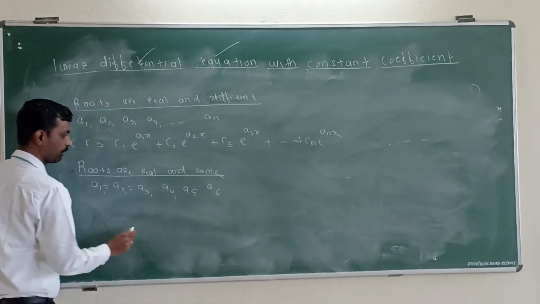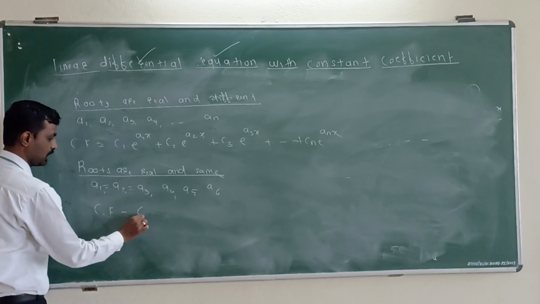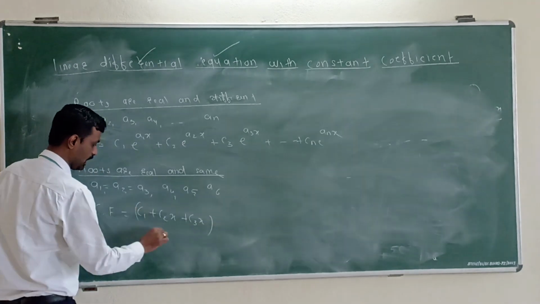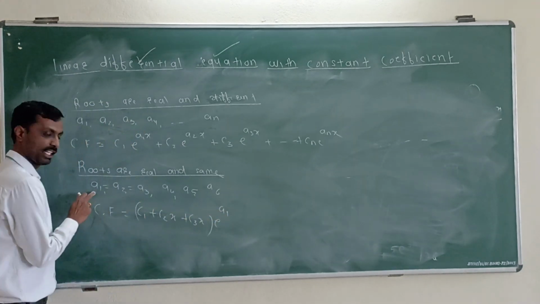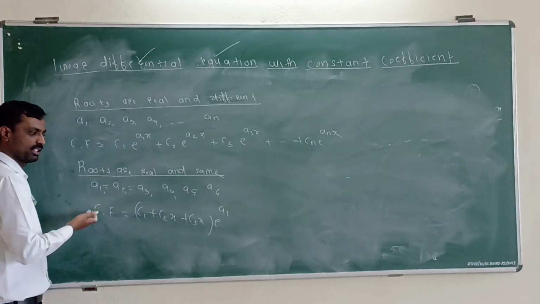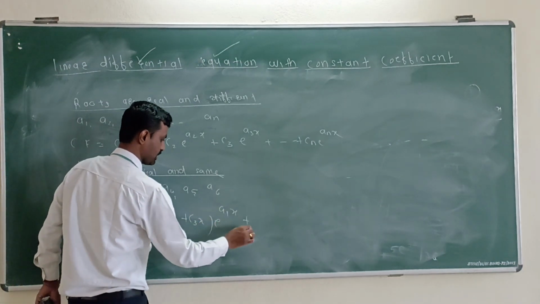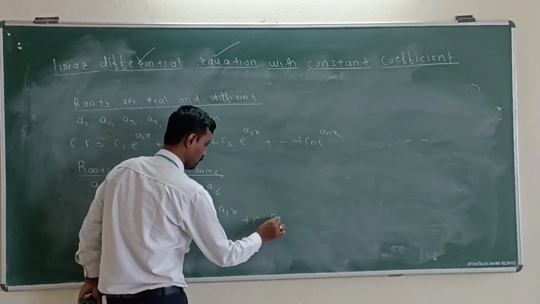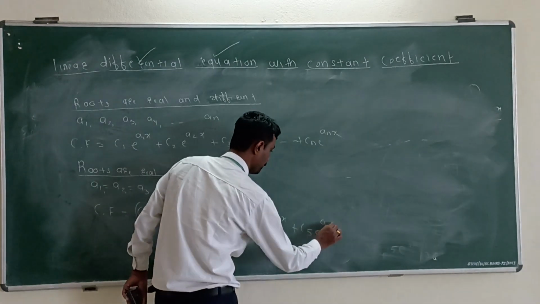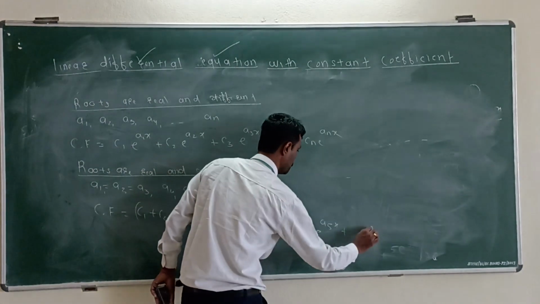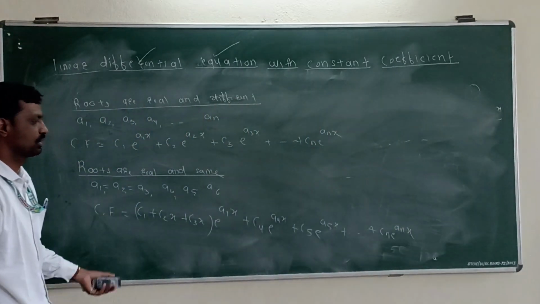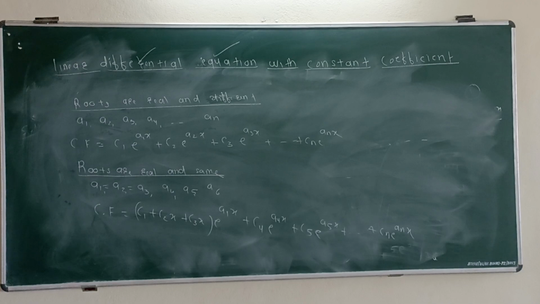Then its complementary function is c1 plus c2x plus c3x squared, times e to the power a1x, since the three roots are the same, plus c4 e to the power a4x, c5 e to the power a5x, plus cn e to the power anx. So these are the roots real and same.